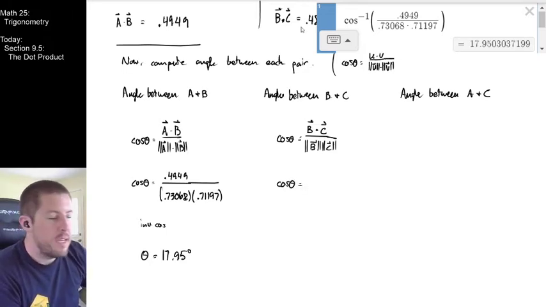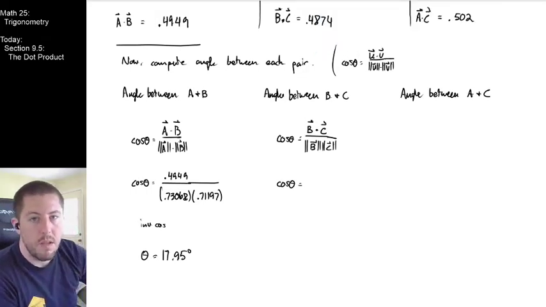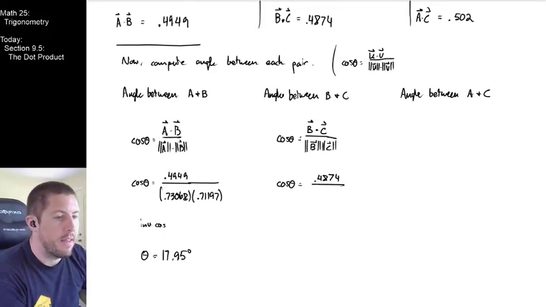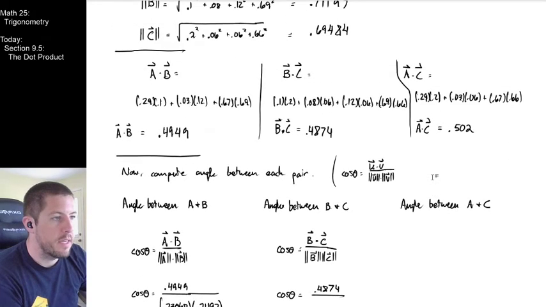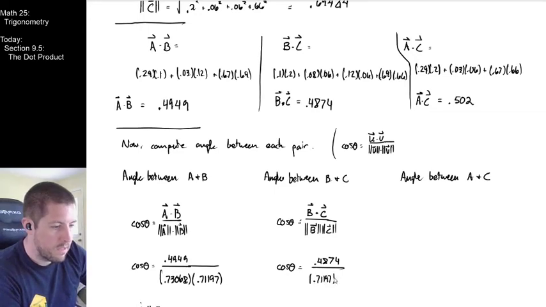So B dotted with C, I can see it sitting here at the top of my screen, 0.4874, divided by the length of B and the length of C. B was the 0.71197, and then C, I can see right here, 0.69484.